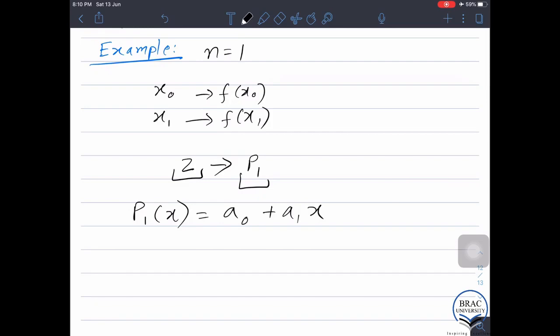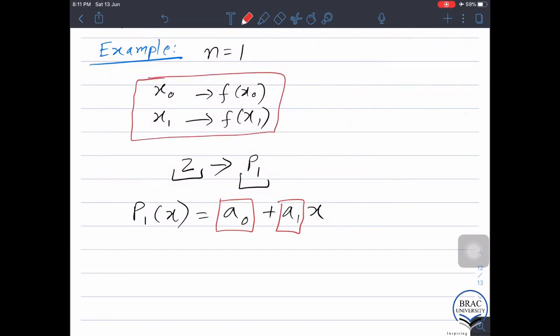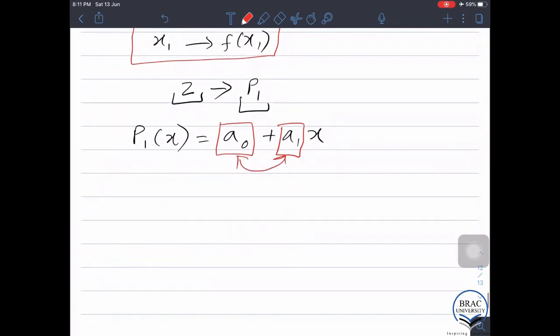Okay, so now I need to find this a0 and a1 from these given numbers. These are the numbers I know, and I have to find these two numbers so that I can get the polynomial. Okay, so how do I do that?